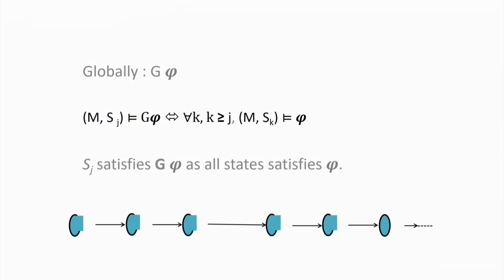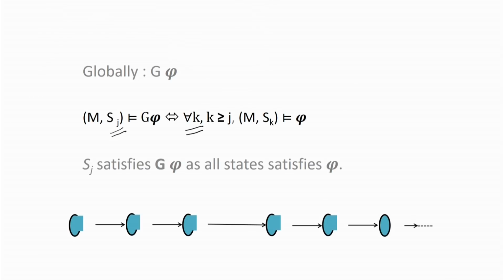G phi, globally, says whether phi is globally true or not. How are we going to define it? If we look at one particular state, say S j in a model M, we say that G phi holds in model M in state S j provided for all k, where k is greater than or equal to j, M, S k models phi.